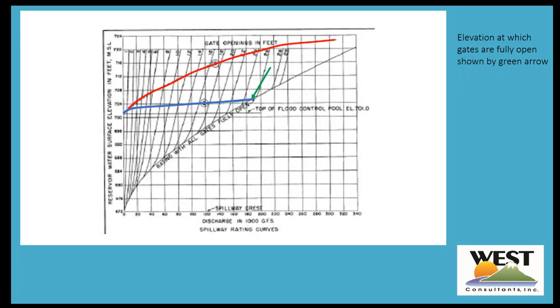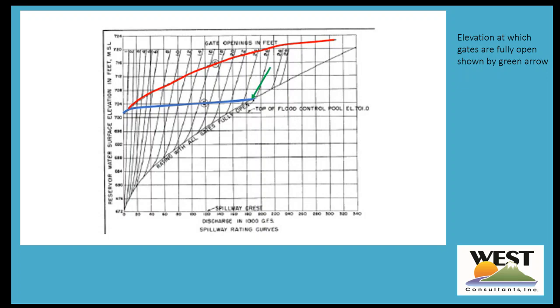Some of the other considerations would be just the access to the spillway gates. Sometimes there's what's called the catwalk that leads you out to the controls for the spillway gate. And so you want to make sure that you're not cutting off access with too high of a pool elevation to where the catwalk would be flooded, and you can't get to the controls to fully open the gates. So that's another consideration.